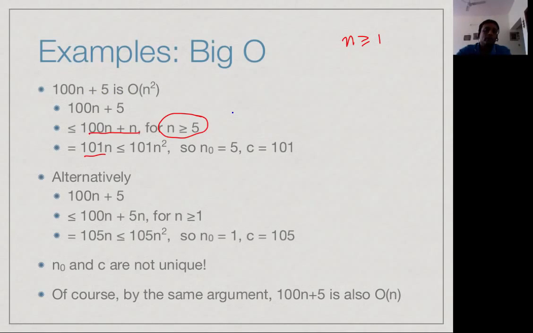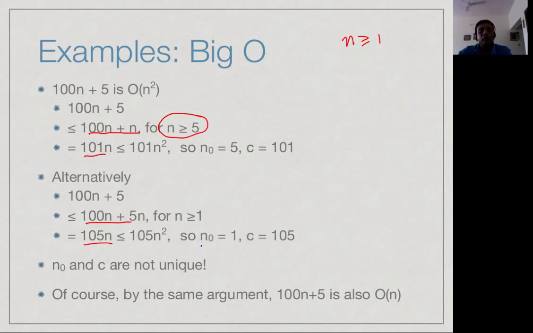Now we can do this using a slightly different calculation. So we can say that 100n plus 5 is smaller than 100n plus 5n for n bigger than 1, because n is at least 1. So 5 times n is going to be at least 5. So now if we collapse this, we get 105n. Now by the same logic, 105n is smaller than 105n square whenever n is bigger than 1.